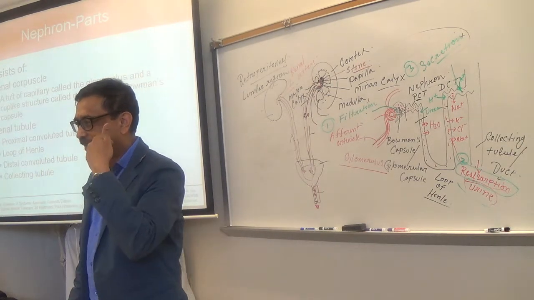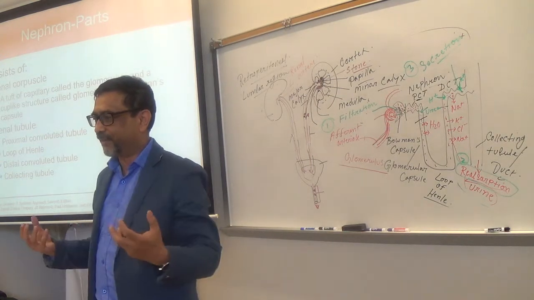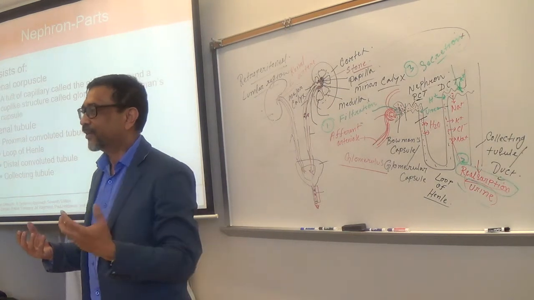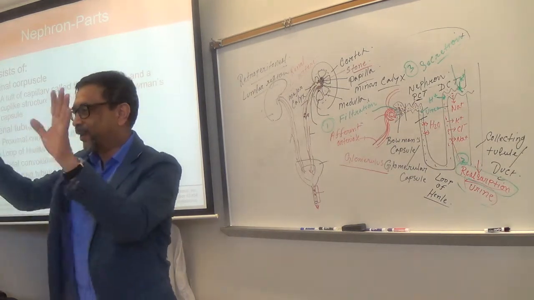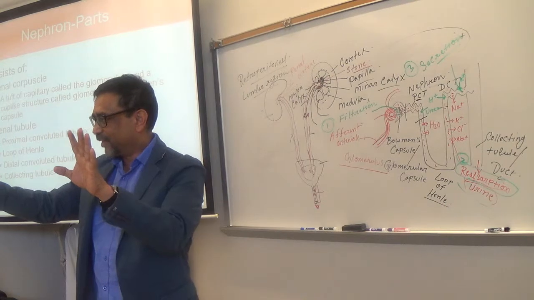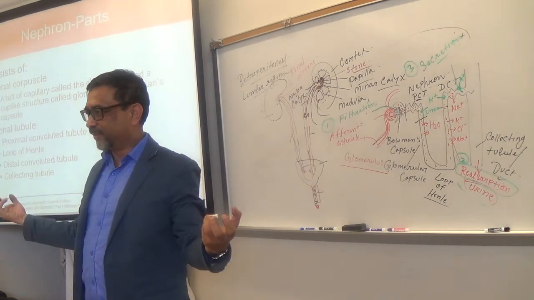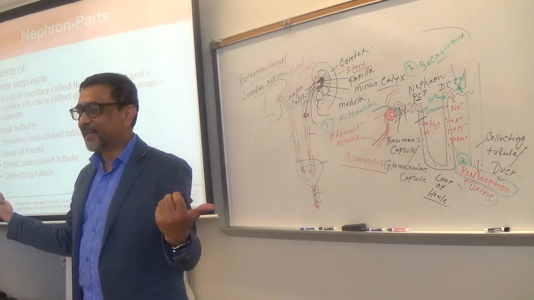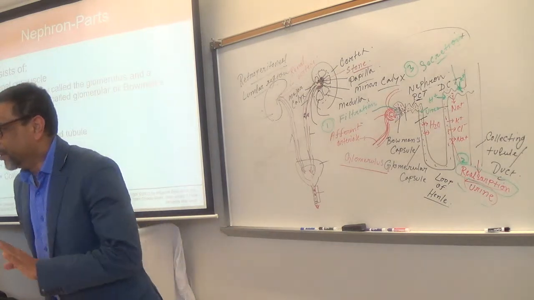Hydrogen ion has been excreted out from the body or retained in the body? Excreted. Secretion means going into the nephron, right? So we'll get it out from the body. You are right. If I say that hydrogen ion has been reabsorbed, that means staying in the body. Is it clear? So now you tell me, very good.